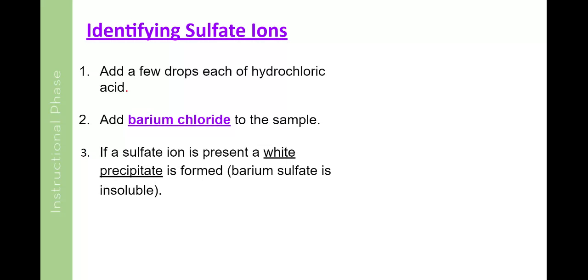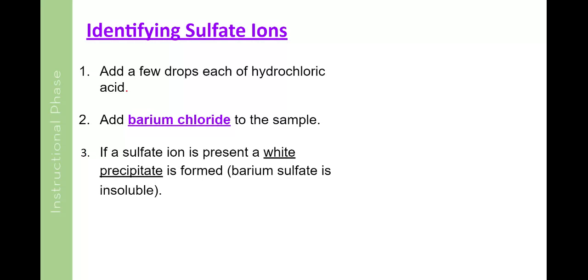Firstly, you add a few drops of acid. Now, that step isn't really important. It is only to get rid of any carbonate ions. We don't want any carbonate ions when we're testing for sulfate ions because it might give us false results. So we add acid to get rid of any carbonate ions.